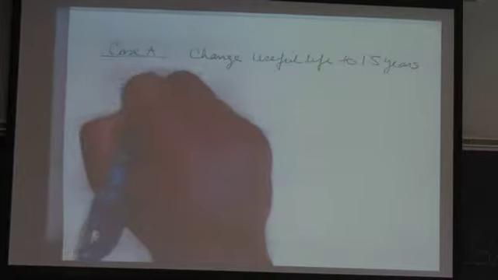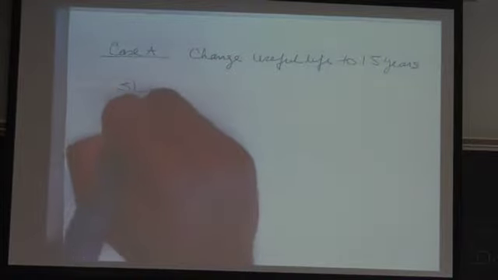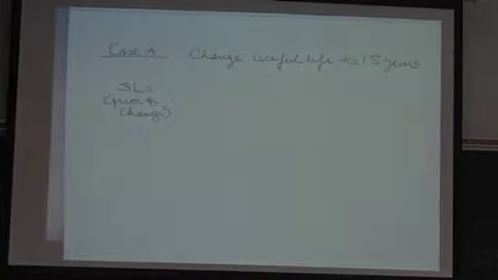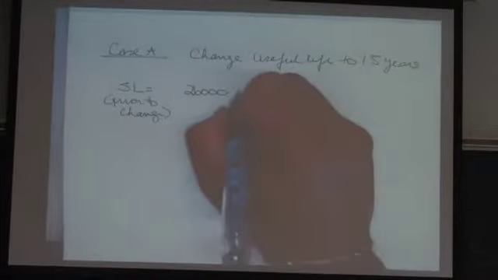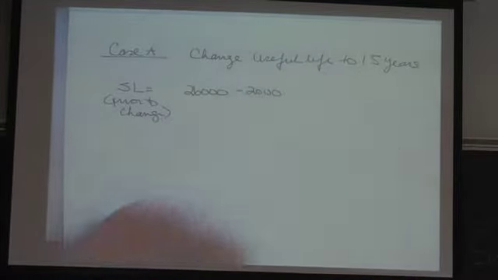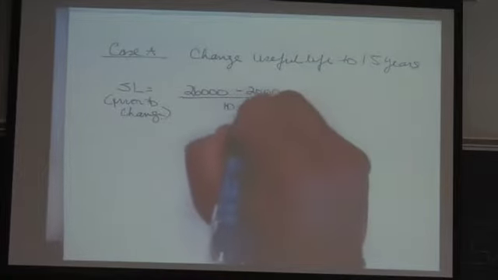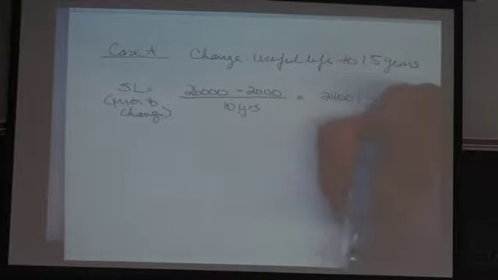So first of all, let's calculate the amortization prior to the change. The amortization expense should have been $26,000, which is the cost, minus $2,000 estimated residual value, divided by 10 years, gives us $2,400 per year.